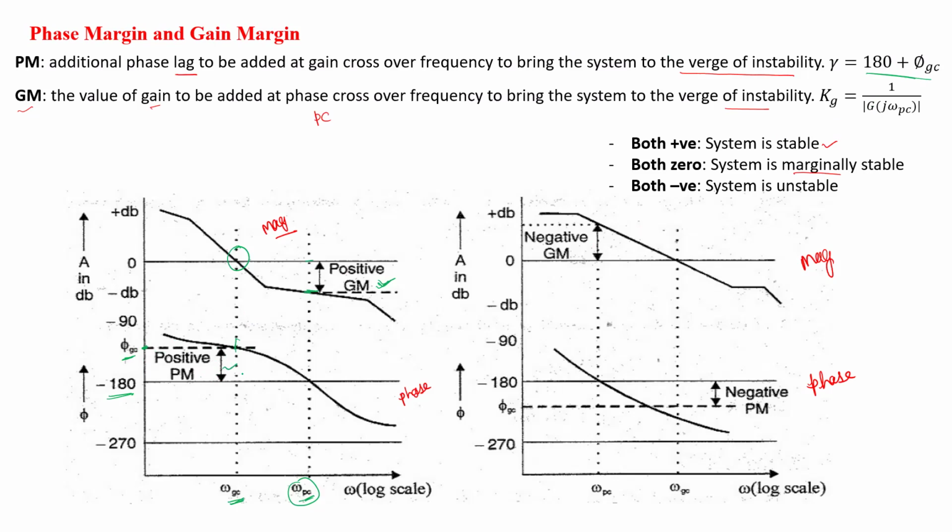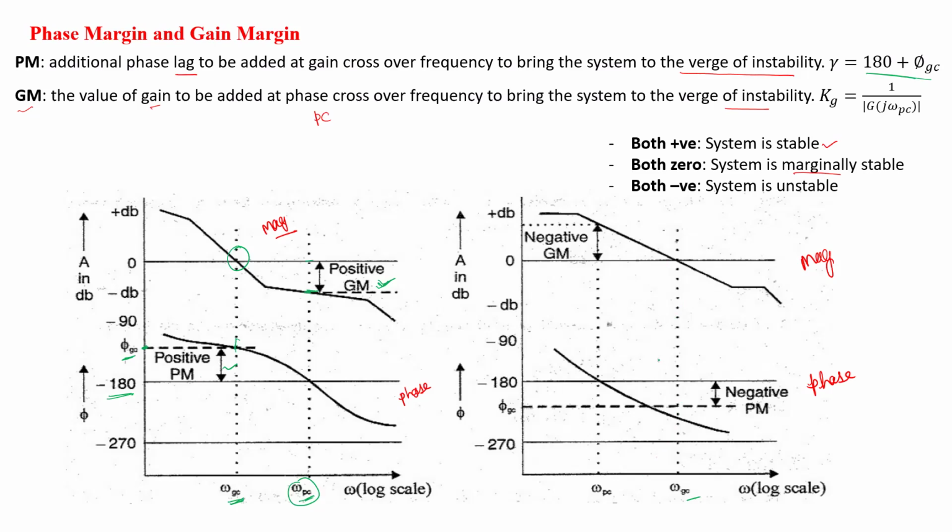So the system is stable. On the right side, again the gain crossover frequency and phase crossover frequency are determined and projected, and we need to be careful where they touch the magnitude plot and the phase plot.